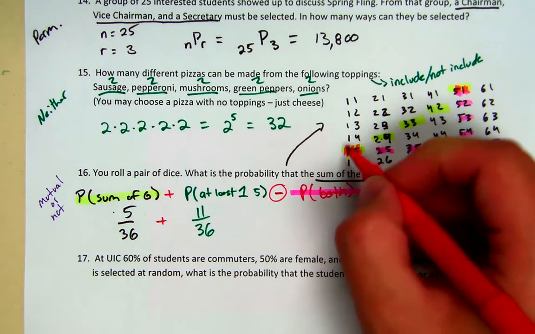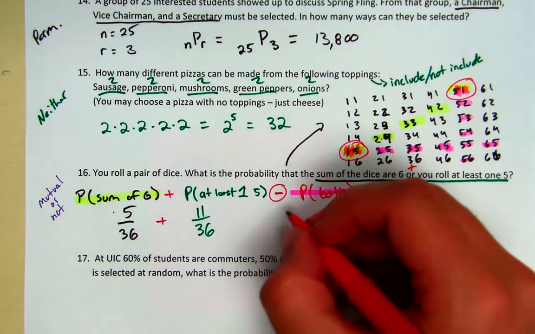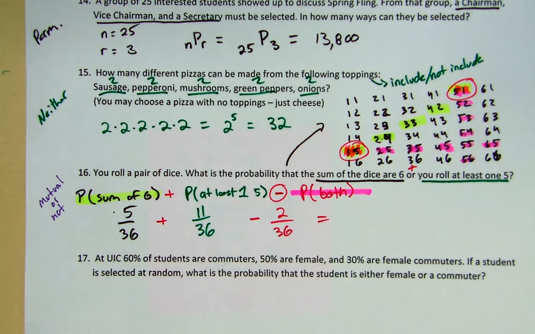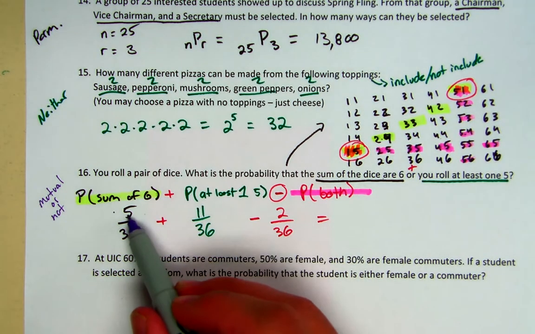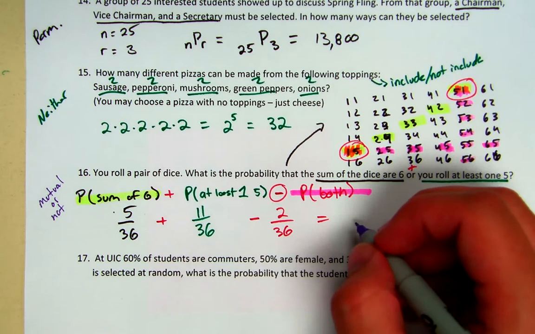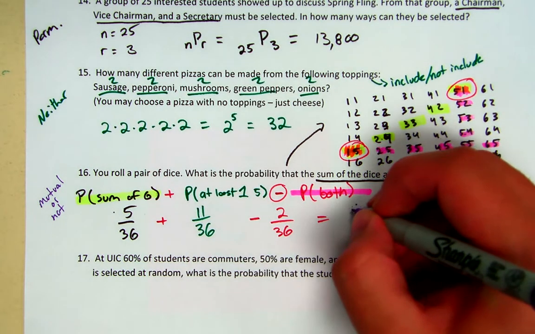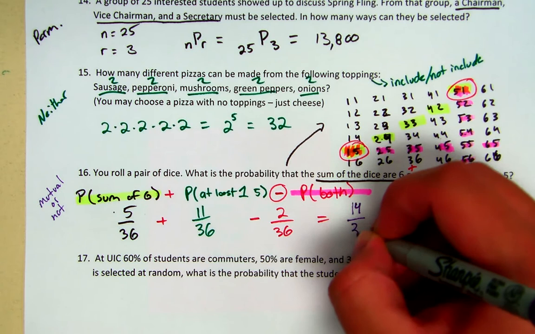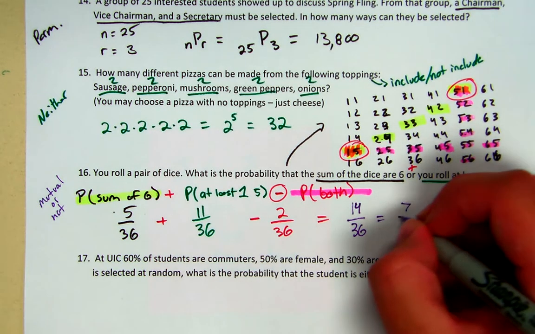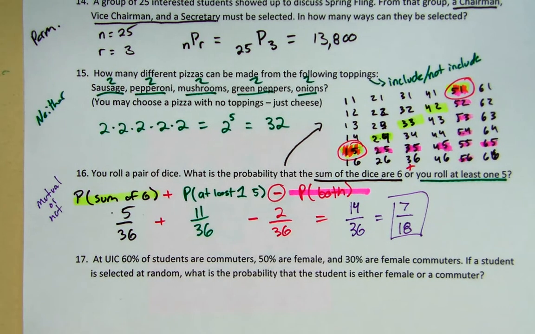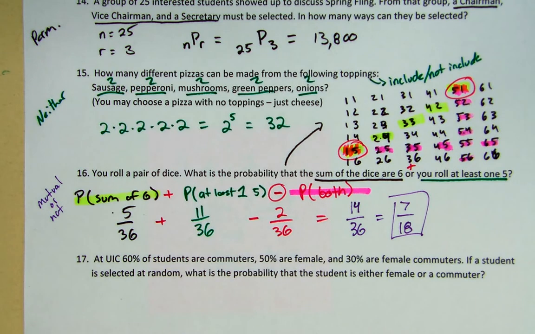In this case, that was 1, 2, so minus 2 out of 36 events. So add together 5 plus 11, that gives us 16, minus 2 brings us back down to 14 out of 36, which is 7 out of 18. And that's our probability of rolling that event.